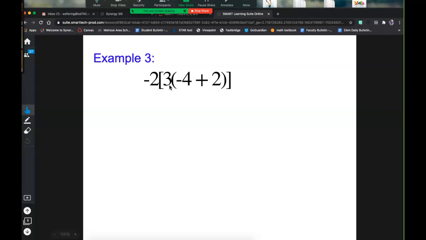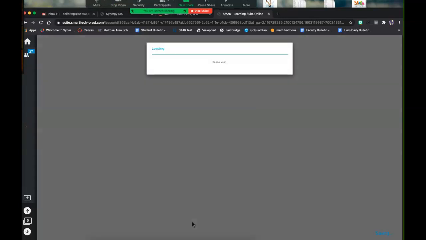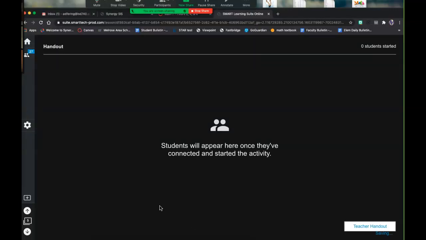What does it mean when the 3 is right in front of the parentheses? What does that mean, Lizzie? Multiply. You multiply, and then the -2 in front of that means to multiply. So I'm going to make this so that you can try it. I want you to come up with the answer to this problem.